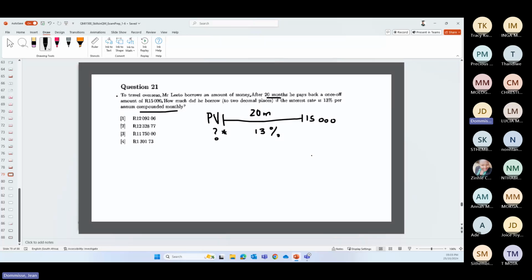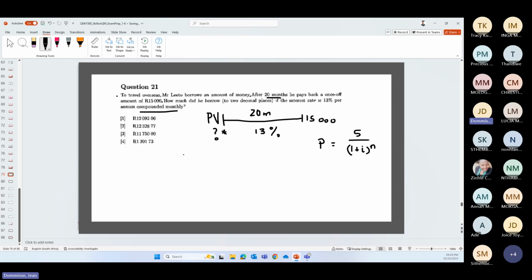It is also on the formula page. The present value is equal to S over (1 + i) to the power of n.